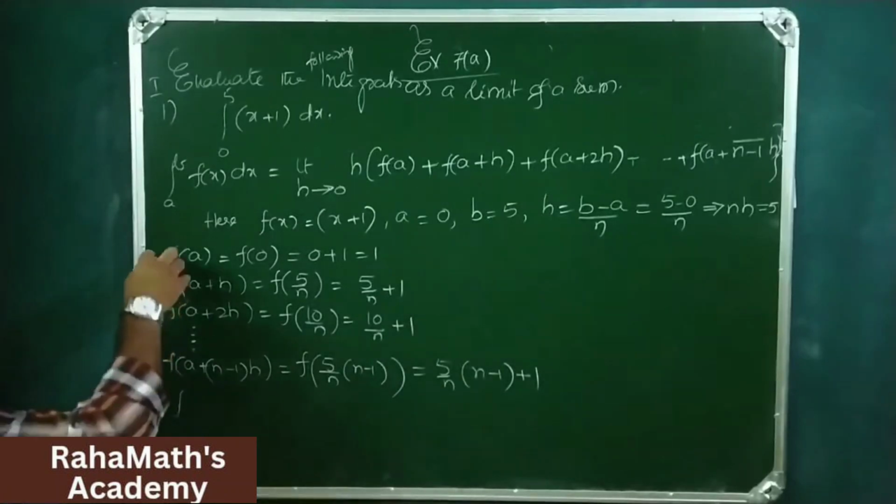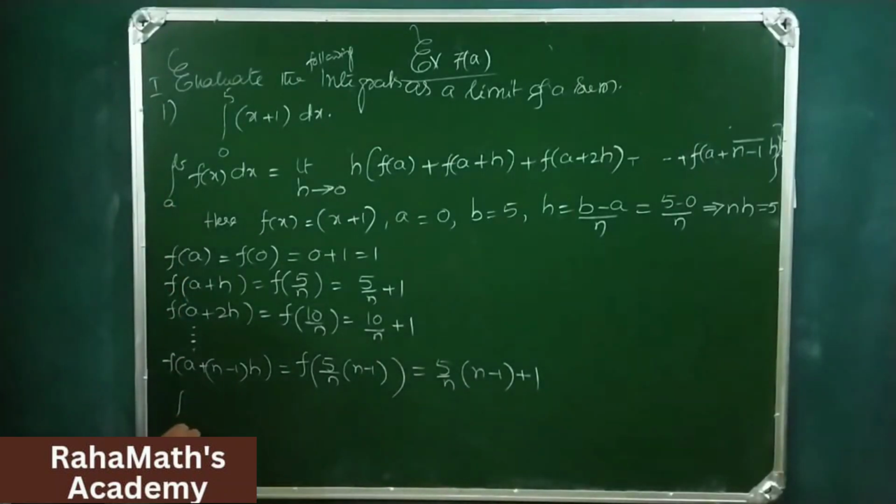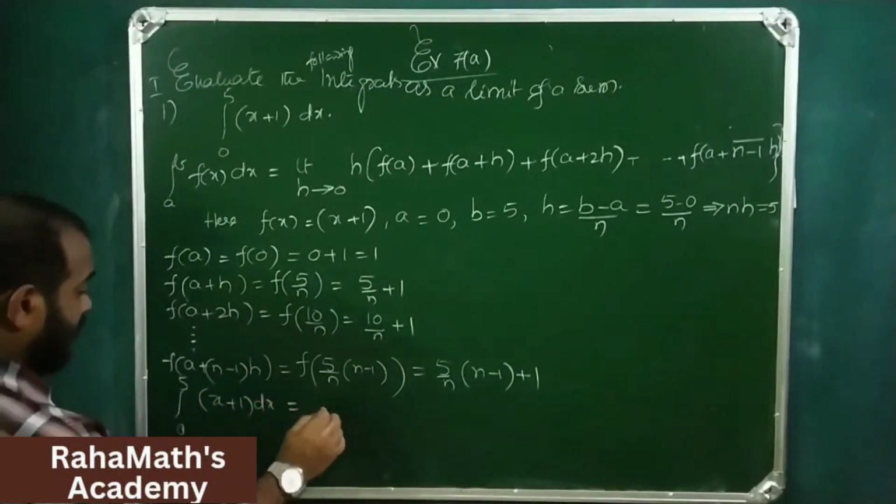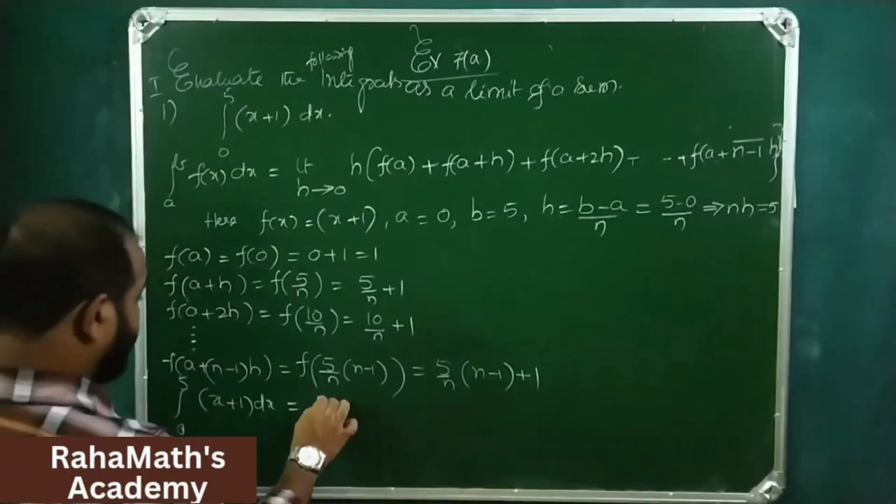So, integral a to b f of x dx, that is integral 0 to 5 of x plus 1 dx, is equal to limit h tends to 0.